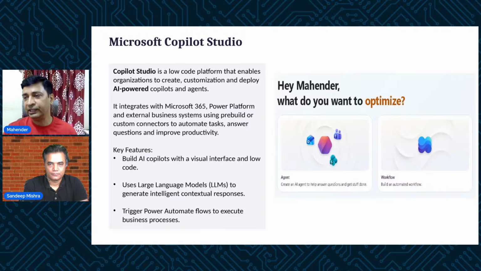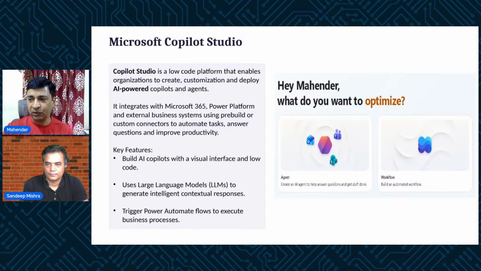As you see here on the right hand side, I have a screenshot. As soon as you land on Microsoft Copilot Studio, you will get this screen. The first thing is the agent, that you can build an agent, where we can utilize different types of controls so that they can connect to each other, pass data back and forth, and utilize the data for this agent.